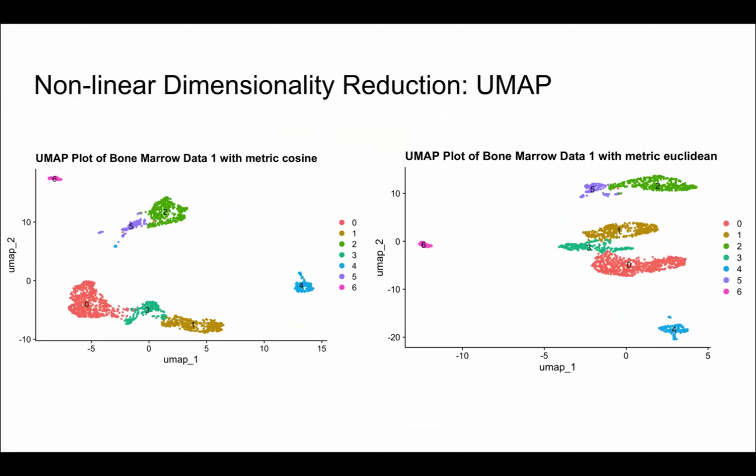And after that, I did the visualization of the clusterings. I tried different metrics, the cosine and the Euclidean one, and based on these two plots, I think using cosine as my metric gives a more distinct separation between different clusters. So I decided to use cosine as my metric in later analysis.